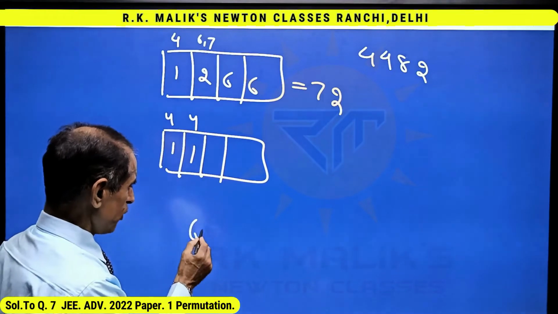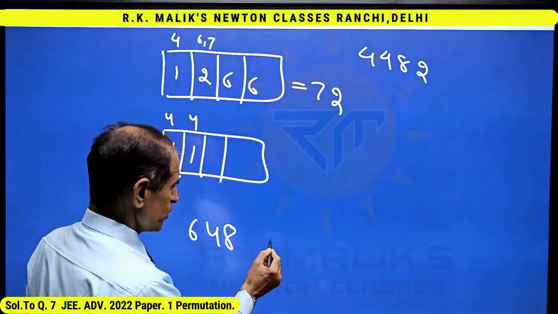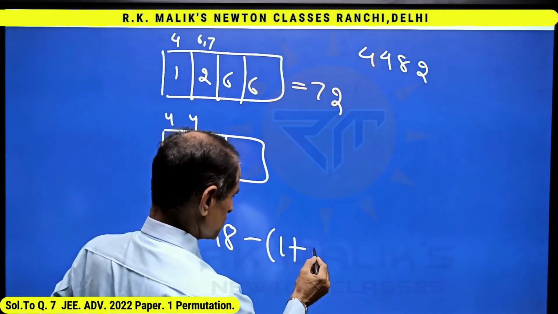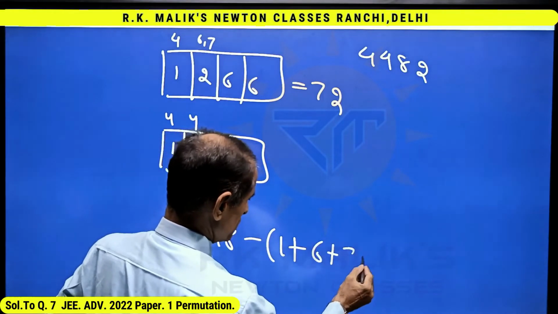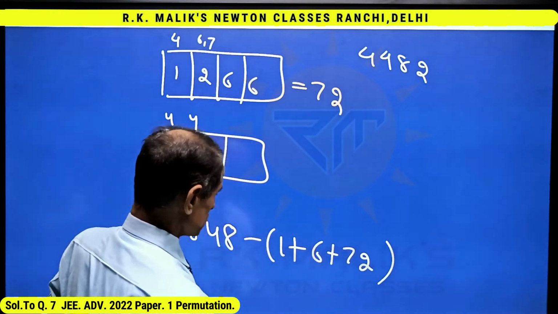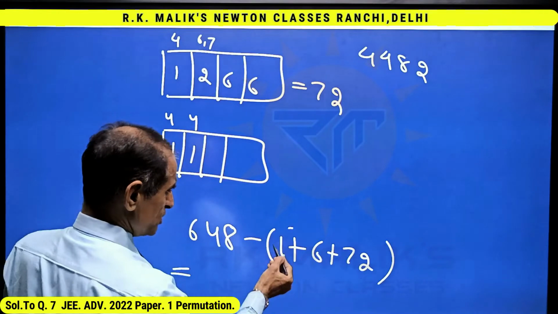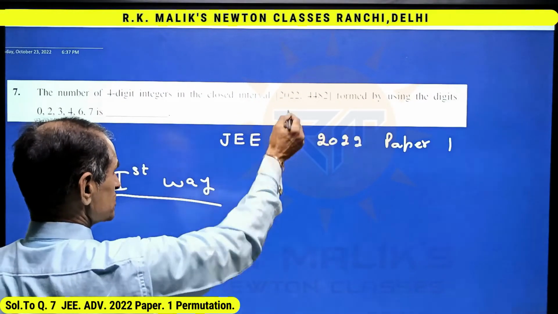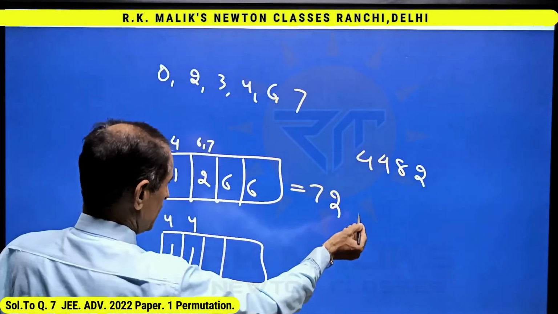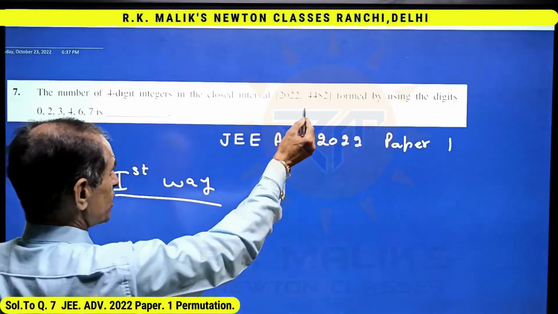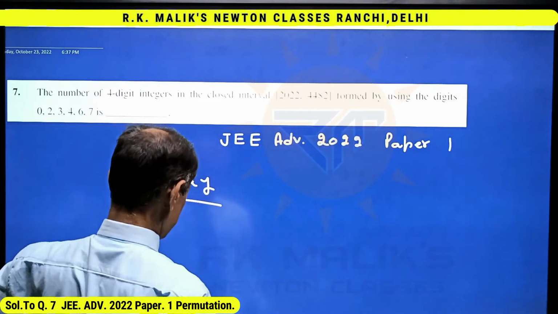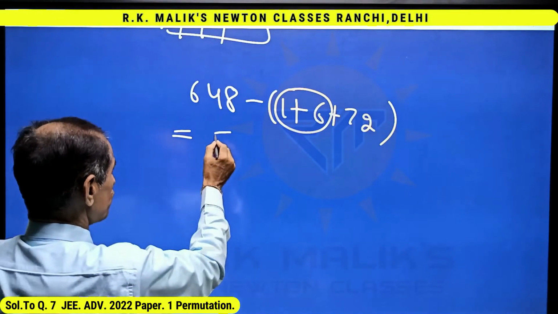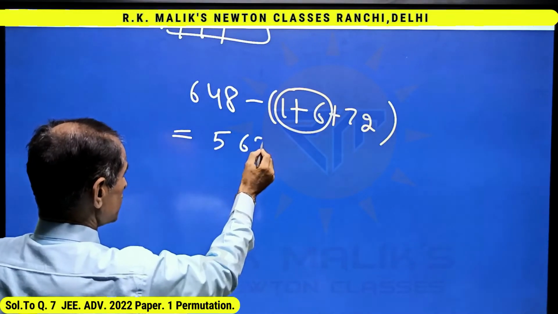That is, from 648 we reject 1 plus 6 plus 72 numbers. These are the numbers which were less than this, and these are the numbers which are more than 4482. Hence we have got the answer 569.